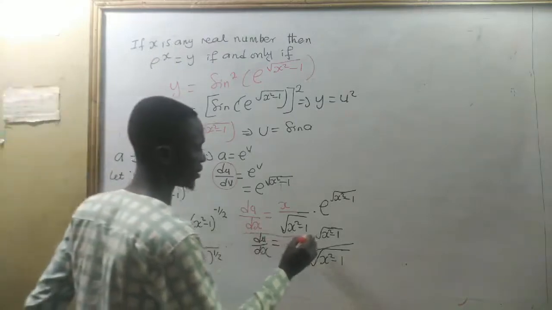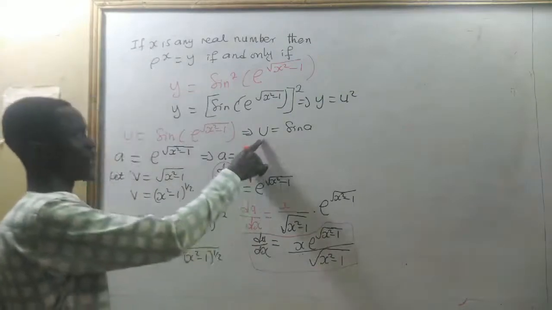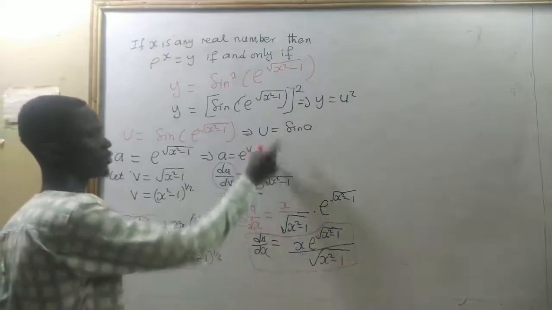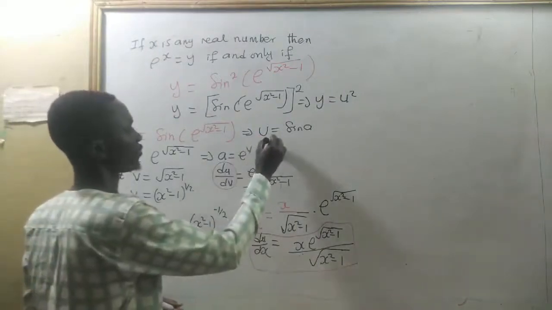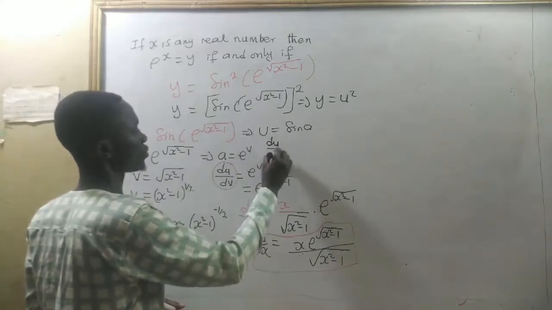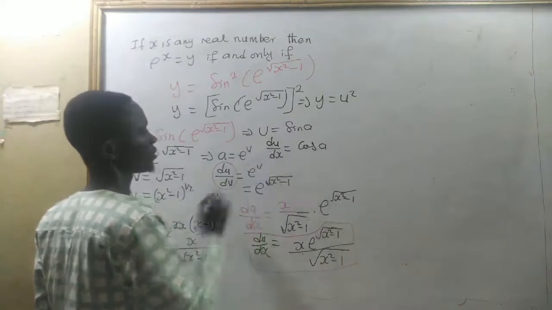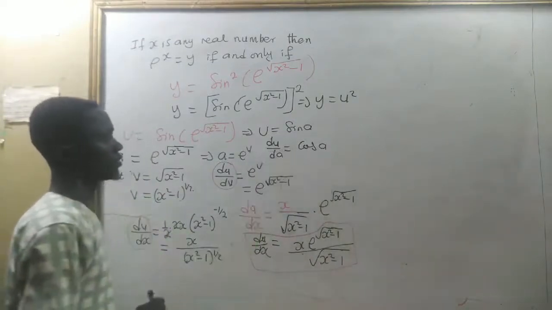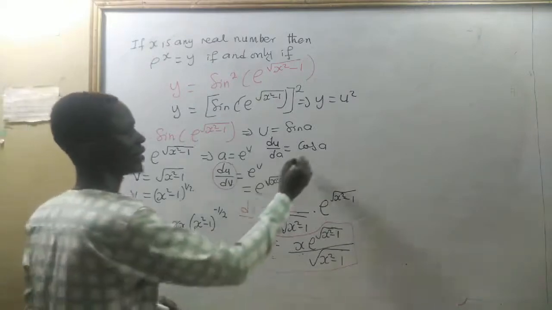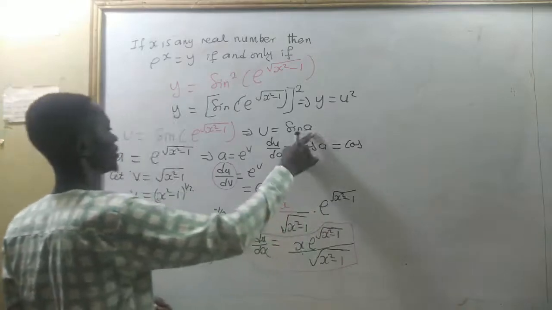Let me put it here. We have to find our du/dx, and then we multiply it together. So here, the derivative of u with respect to A is equal to cosine A. And that is the same as cosine, what is A?